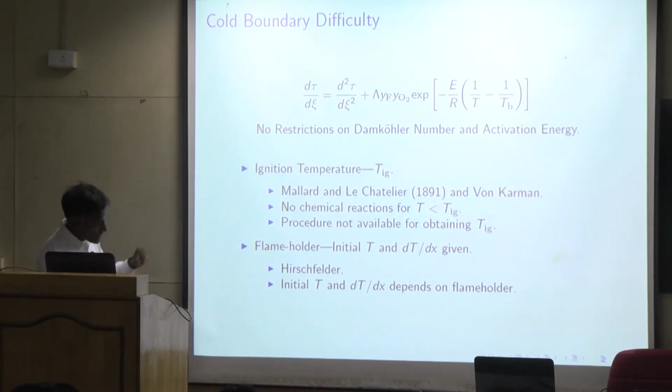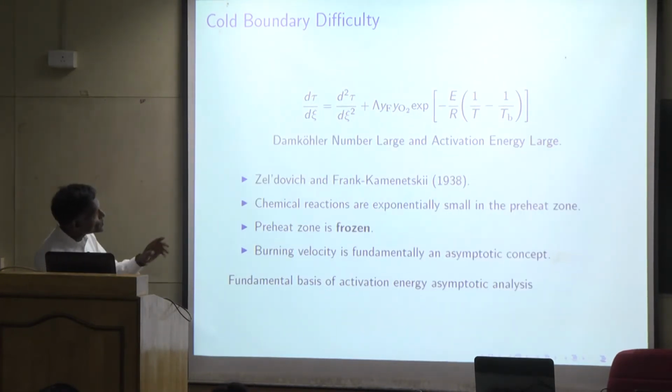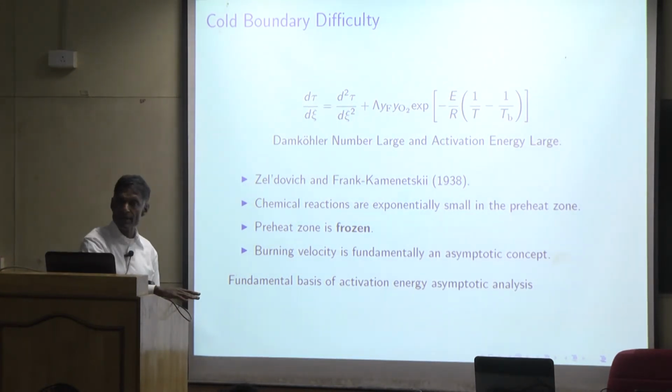Then the major breakthrough came from Zeldovich and Prof. Kalyanasundaram in 1938. They said that the activation energy is large. They had the distinguished limit of large activation energy and large Damkohler number, and in the limit of large activation energy, the chemical reaction decreases exponentially.